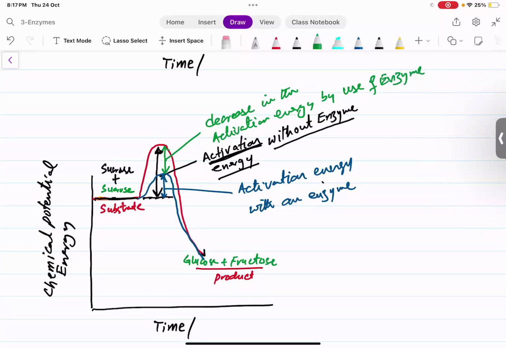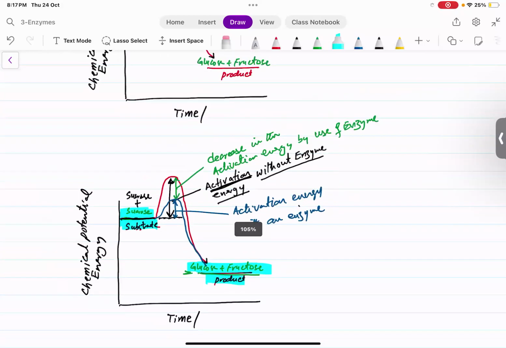You got it? And this is the chemical potential energy of the products, which is lower than the chemical potential energy of the substrate, or that of sucrose.